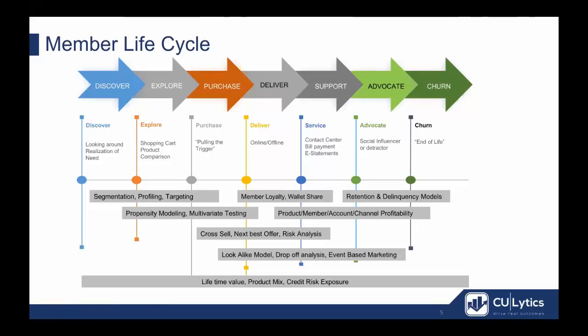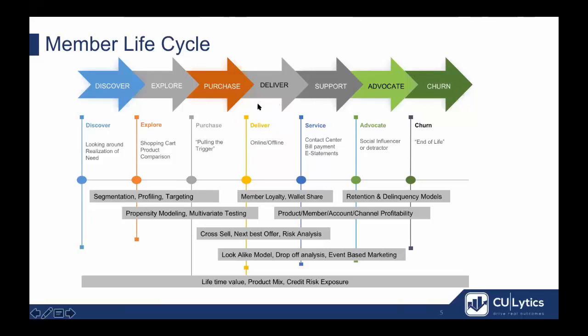So for example, when a new member is coming in, if we have a lookalike model, we can see that this member fits into a segment which is seen to prefer digital banking or seen to be more profitable or less profitable than others, and we can engage with them on appropriate channels and in appropriate ways.